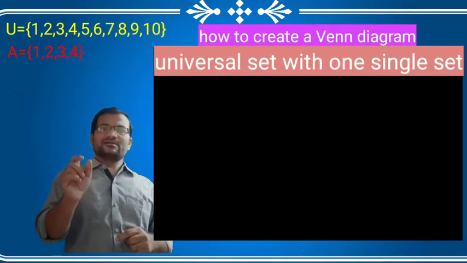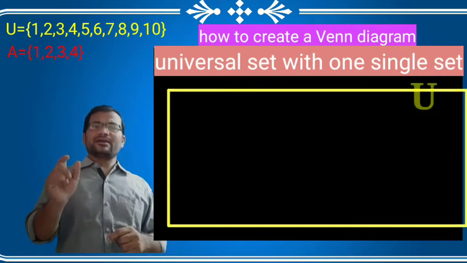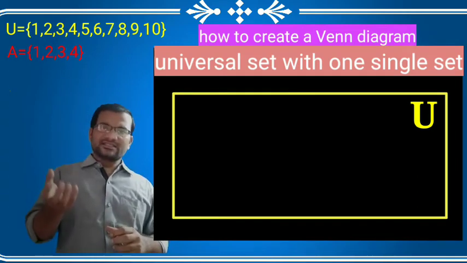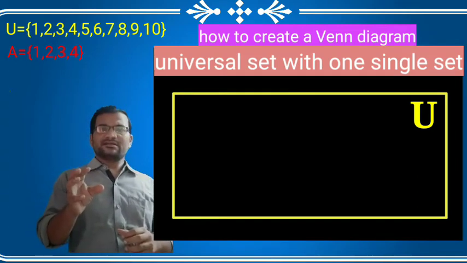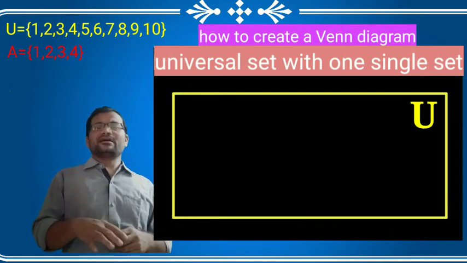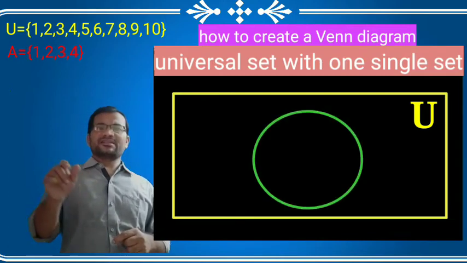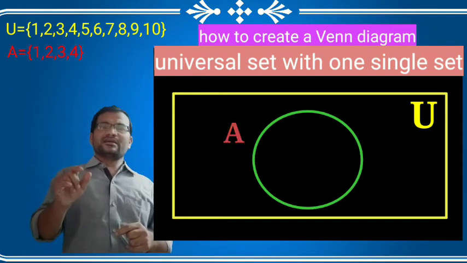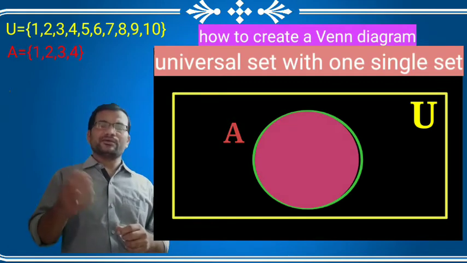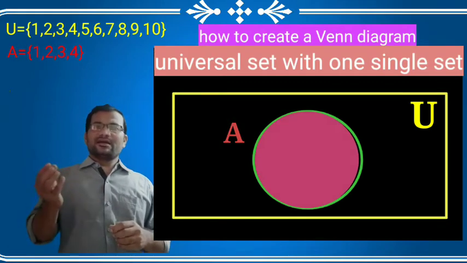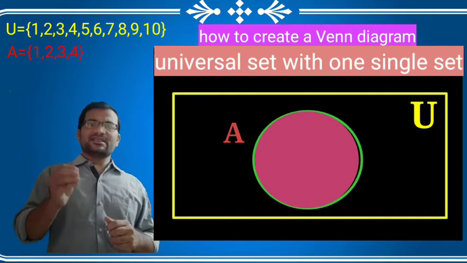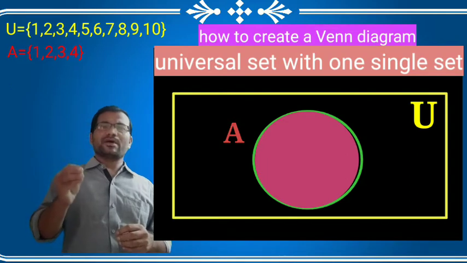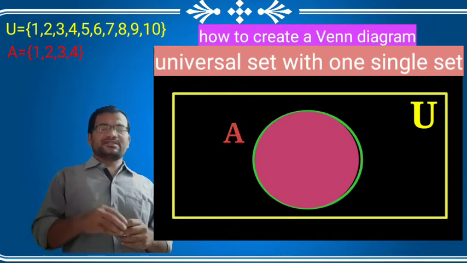First step is to draw the rectangle and label it U to represent the universal set, and draw the circle for the given set inside the rectangle and label it with the uppercase letter given in the problem, A. Shade the circle with any color you like, and write all the elements related to the set A inside the circle, that is 1, 2, 3, 4, by representing them as points.